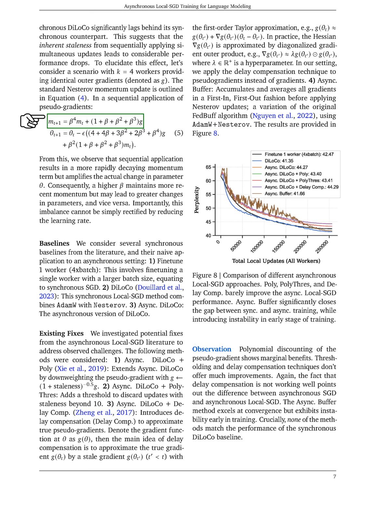In practice, we approximate the Hessian using a diagonalized gradient outer product. We apply this technique to pseudo-gradients instead of gradients. 4. A method that accumulates and averages all gradients in a first-in, first-out manner before applying Nesterov updates. This is a variation of the original FedBuff algorithm, using AdamW plus Nesterov.